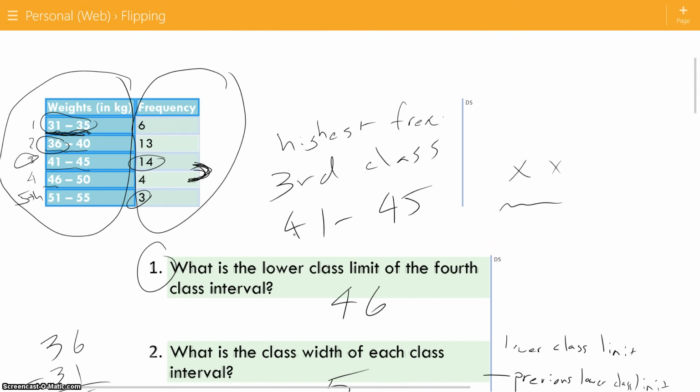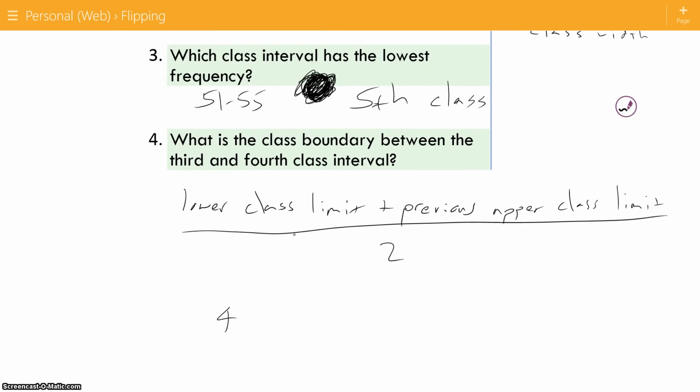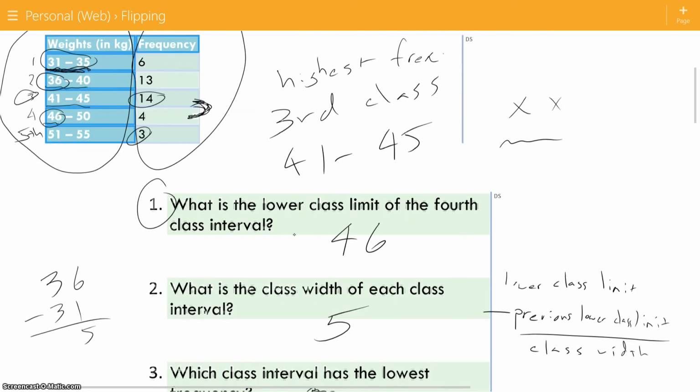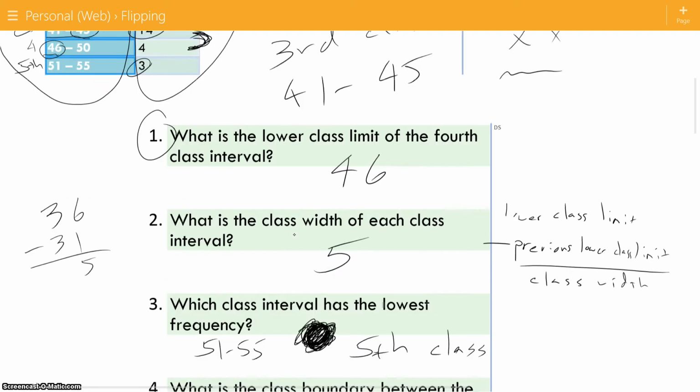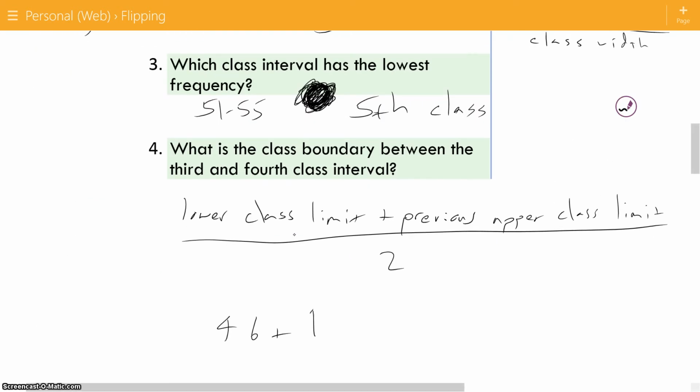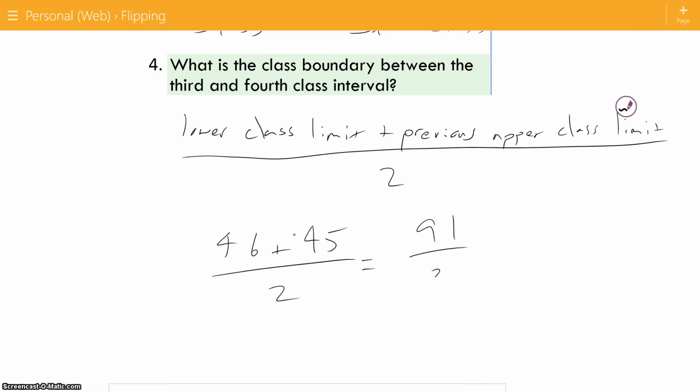So our lower class limit for our fourth class is 46. So take 46 plus the previous upper class limit, which was 45. 46 plus 45 over 2. That gives us 91 over 2. That gives us 40.5, which is our answer.